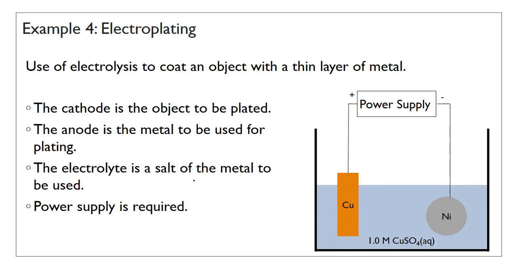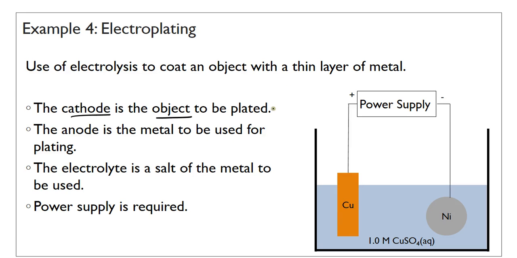All right. So in general, if you want to electroplate an object, the cathode is the object to be plated. This is compulsory. You have to have the object be the cathode. The anode, well, you don't necessarily need this, but a lot of the time the anode is the metal to be used for plating.